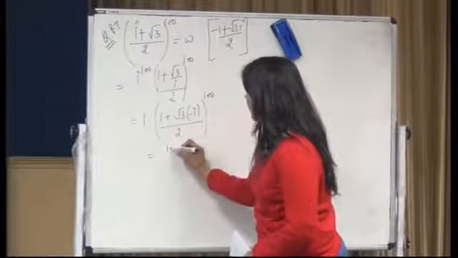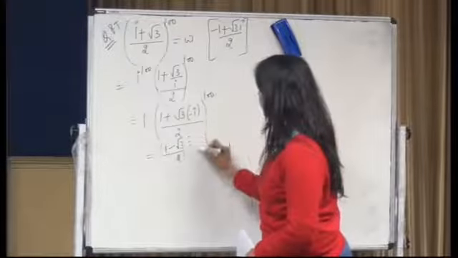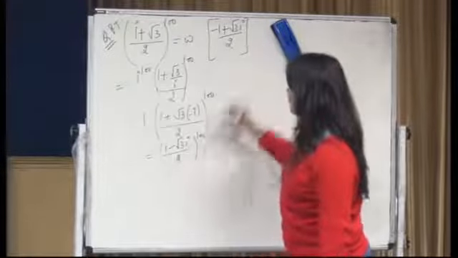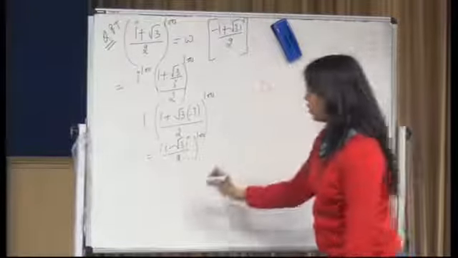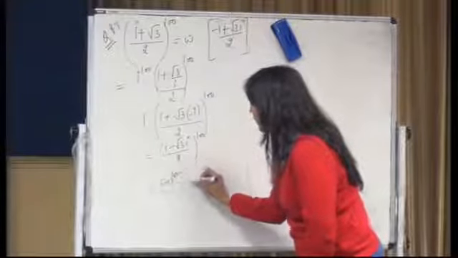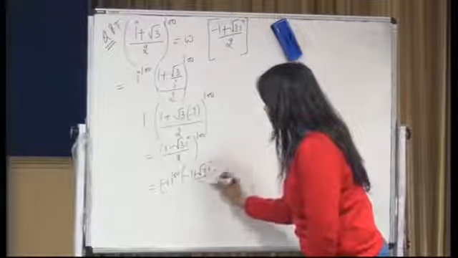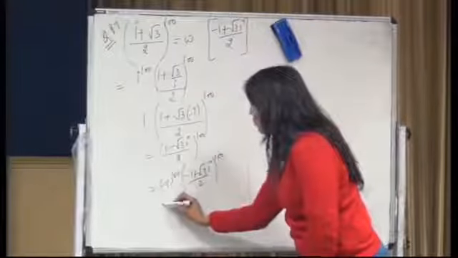Okay, now 1 minus under root 3 iota by 2. What's the problem? Yes, the sign only. If I take out minus common, then minus 1 to the power 100, no issues, so positive.